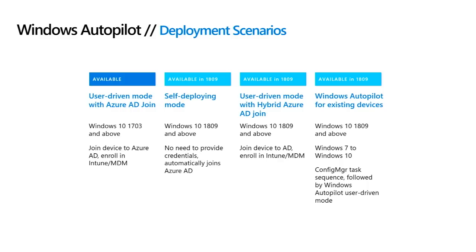And lastly, we have Autopilot for existing devices, which is mainly useful for customers still on Windows 7 as they're looking to migrate over to Windows 10. The key problem today is that registering Autopilot devices requires that that machine be on Windows 10 1703 and later, because the hardware hash that we extract from the machine requires Windows 10 1703 or later.